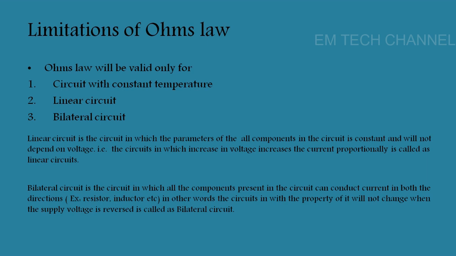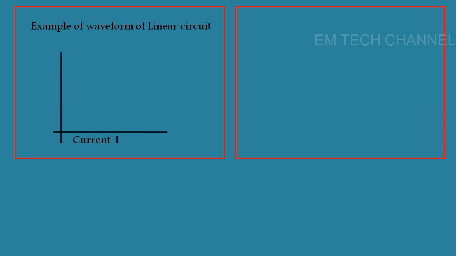Now we will see the waveforms. First, the waveform representation for a linear circuit. On the x-axis current is given and on the y-axis voltage is given, and you can see the waveform goes in a linear way, which means that when the voltage is increased the current also increases. This is called a linear circuit. Now we will see the bilateral circuit.